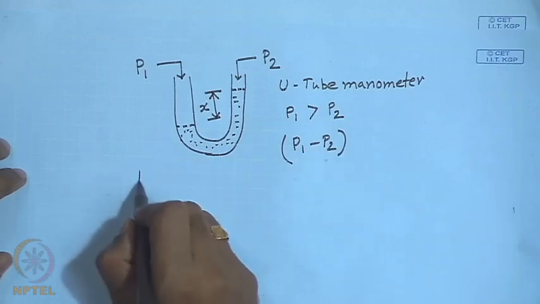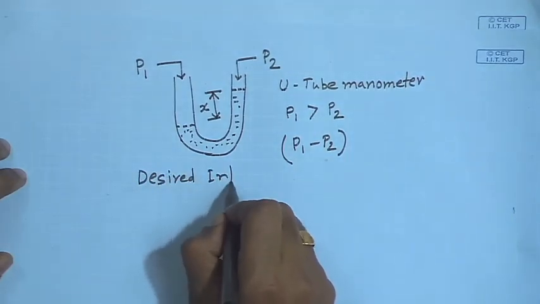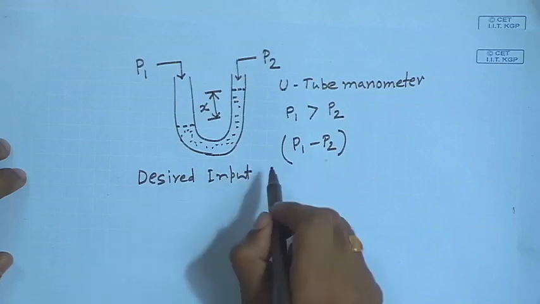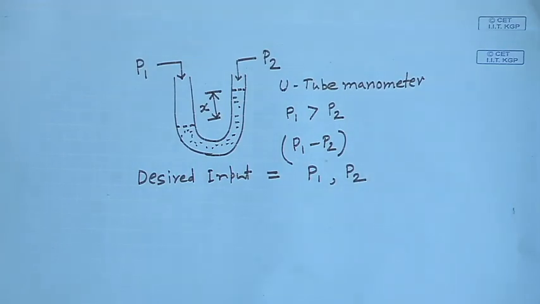So, the desired input here is P1, P2 or the differential pressure.